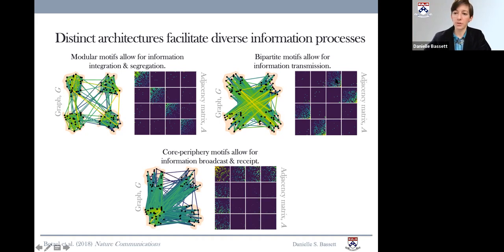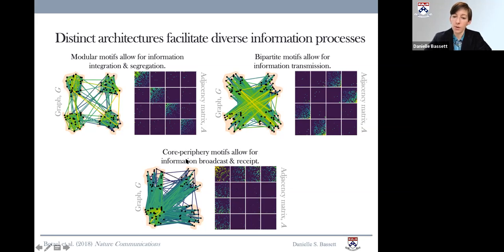So bipartite structures are obvious by the density in these off-diagonal blocks rather than the on-diagonal blocks. So this block, for example, says that module 1 is heavily connected to module 3 and vice versa, but module 1 and module 3 themselves are not particularly intra-connected.